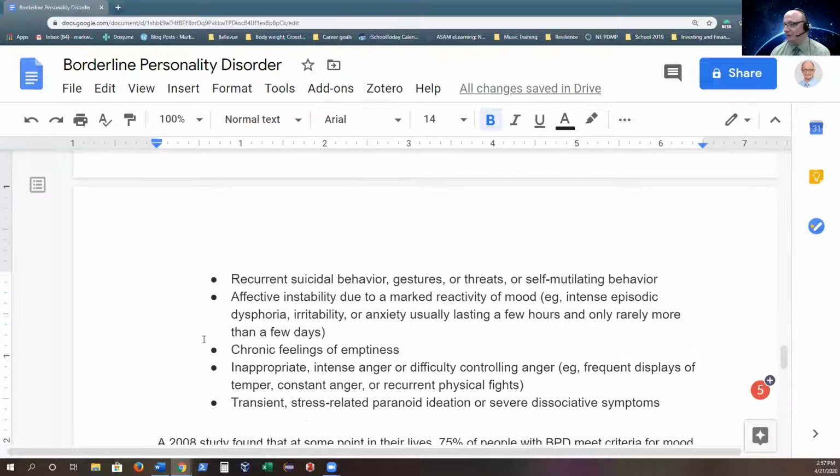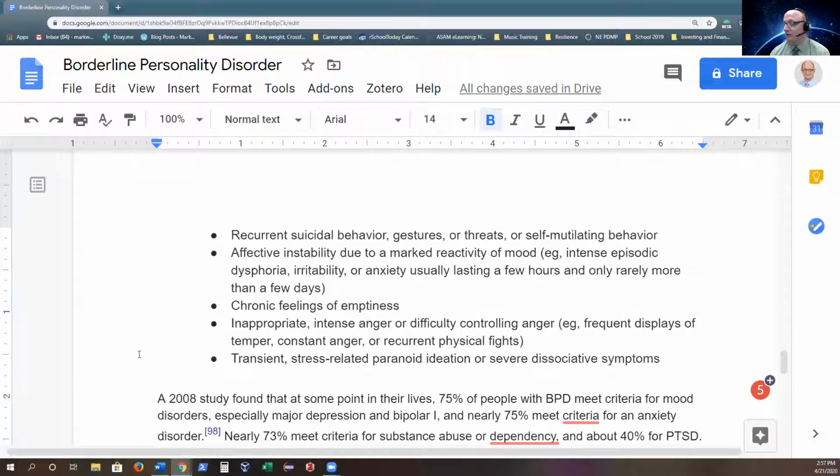Affective instability due to a marked reactivity of mood. So episodic dysphoria, irritability, or anxiety lasting a few hours and rarely more than a few days. So one way that you help diagnose the difference between bipolar disorder and borderline personality disorder is how fast the mood can switch. And the mood switches based on their environment.